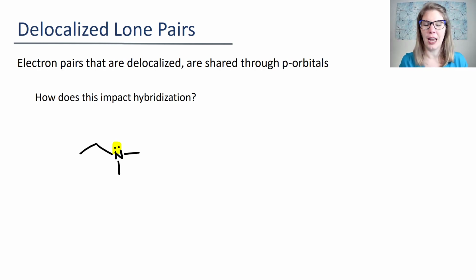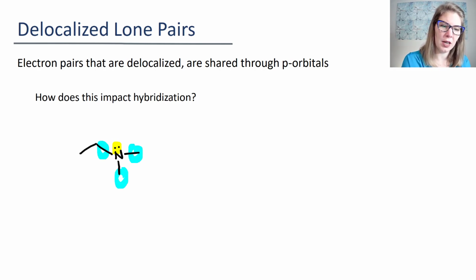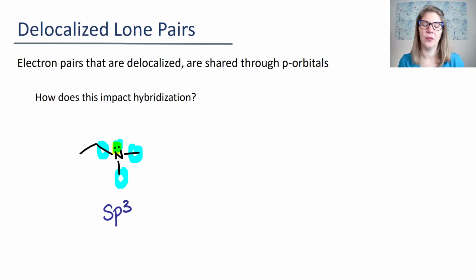If you were in general chemistry, what would you say the hybridization is of that nitrogen? That nitrogen has 1, 2, 3, 4 electron domains, and therefore is sp3 hybridized.